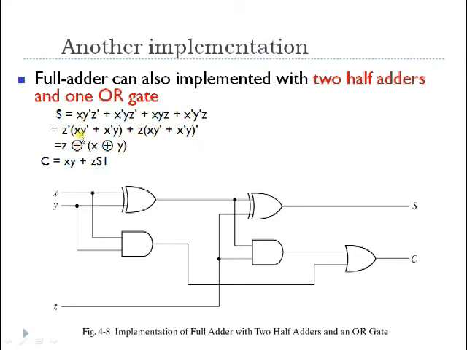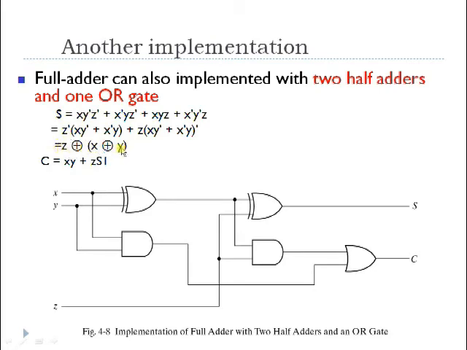Now this looks similar to the XOR operation. Assuming z as a and this as b, we get a complement b plus a b complement. So it looks similar to the XOR operation.